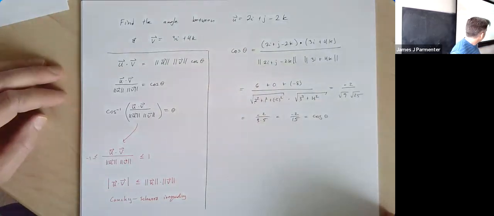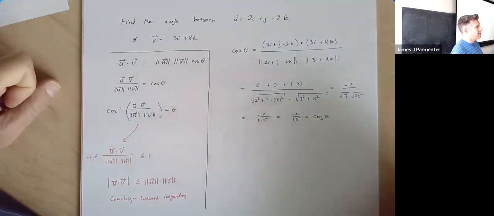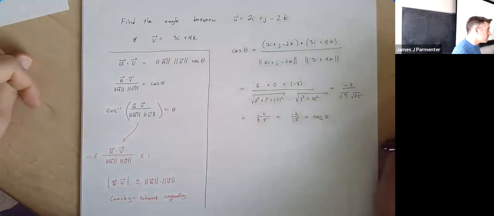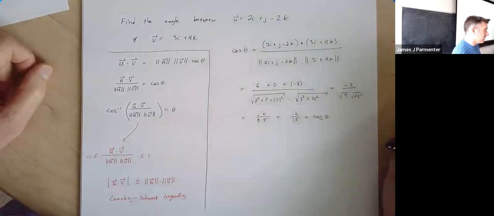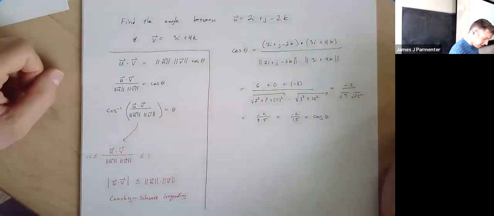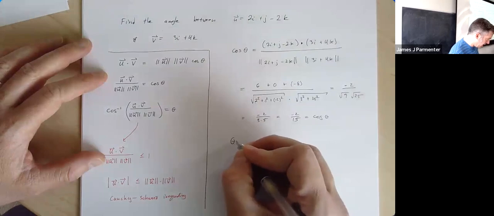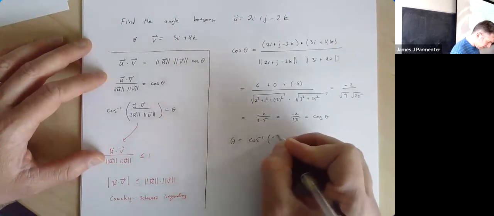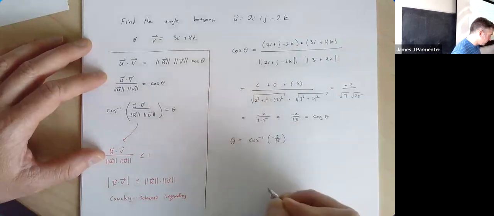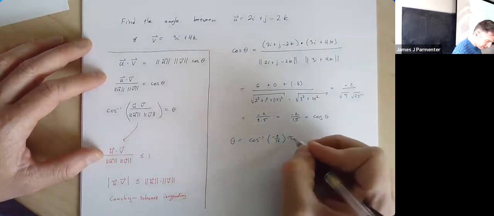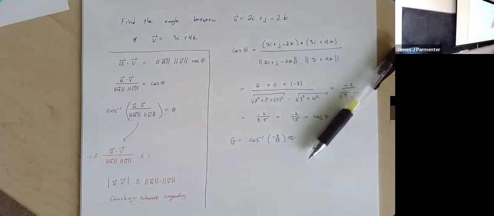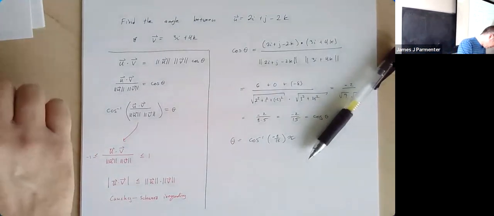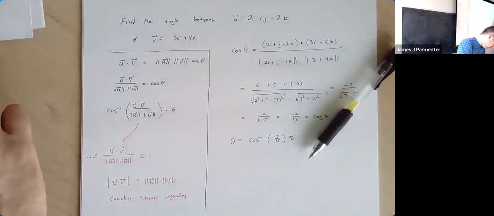All right. Knowing that cosine is negative means my angle is going to be in the second quadrant, because cosine can't be negative in the first quadrant. So then I'm going to say that my angle is equal to the inverse cosine of -2 over 15, which is approximately, let's see, inverse cosine of -2 over 15.